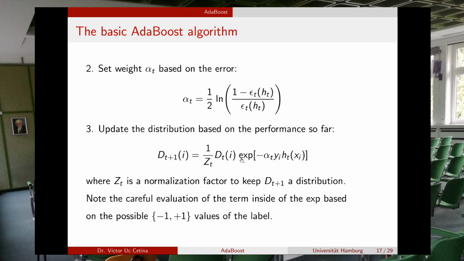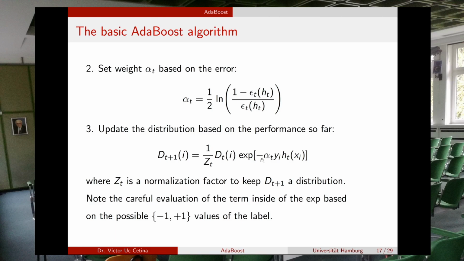So if one example I is correctly classified, this product y times h is going to be +1, and this negative sign will remain here, because remember that we just saw that alpha is always a positive number.